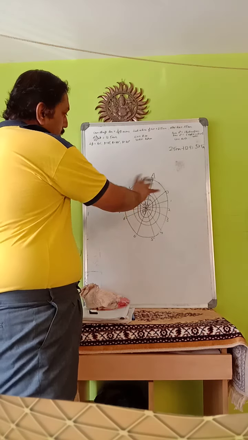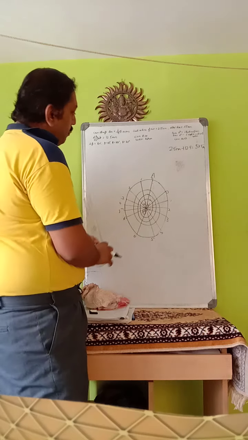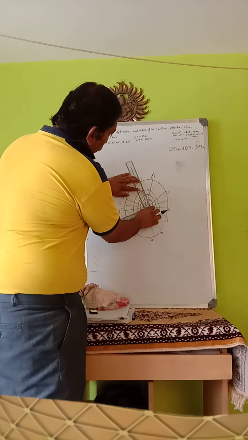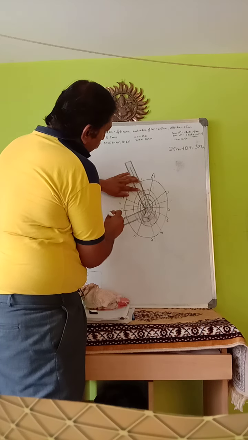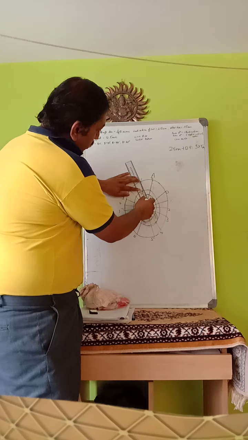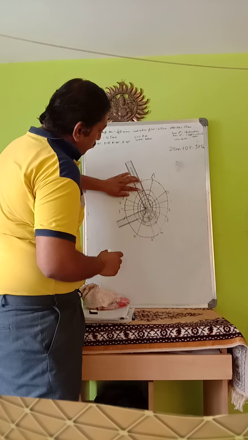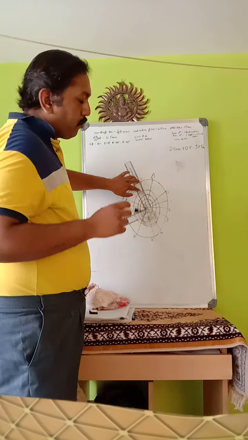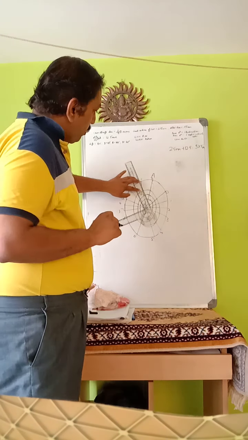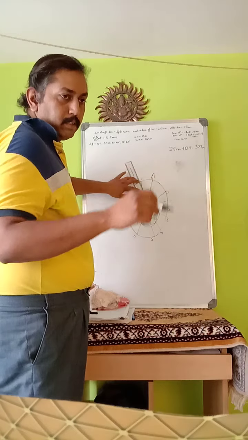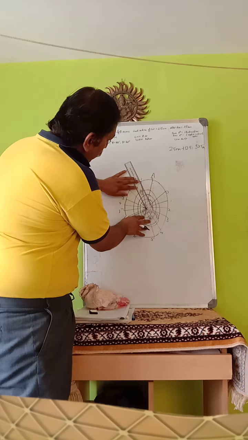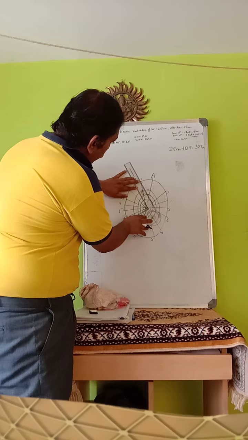In this we have point 1. From 1 we need to draw a tangent to the offset circle. The offset circle is the 12.5 mm radius circle, the innermost concentric circle. So to that offset circle we need to draw the tangent.